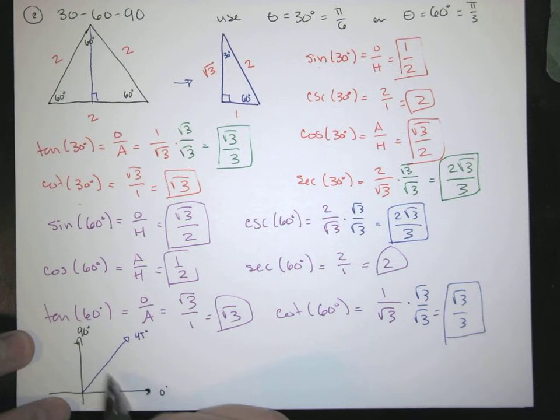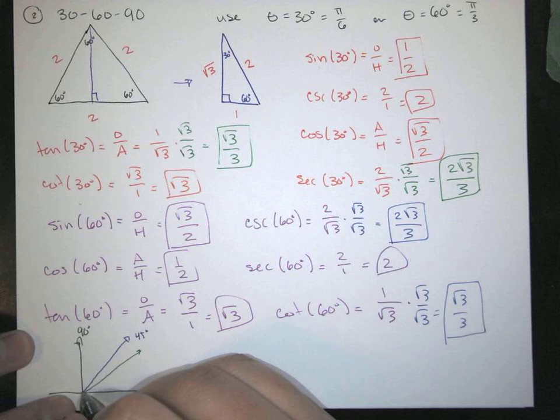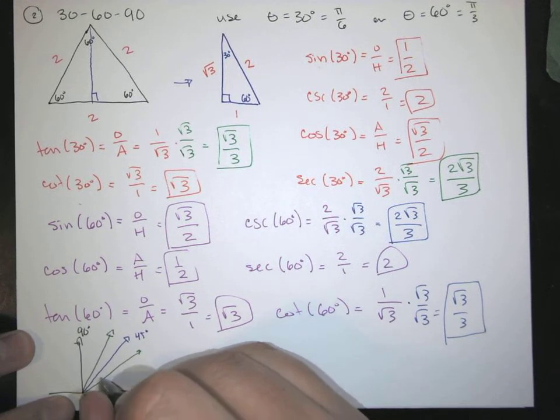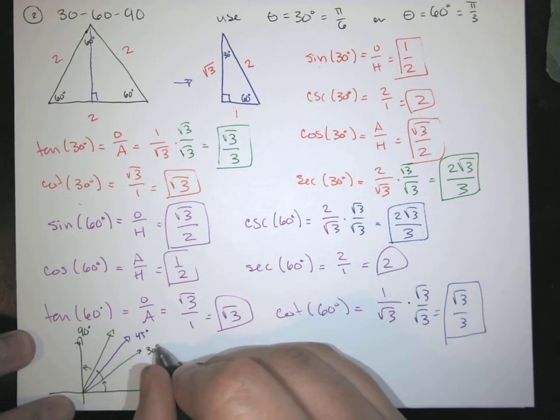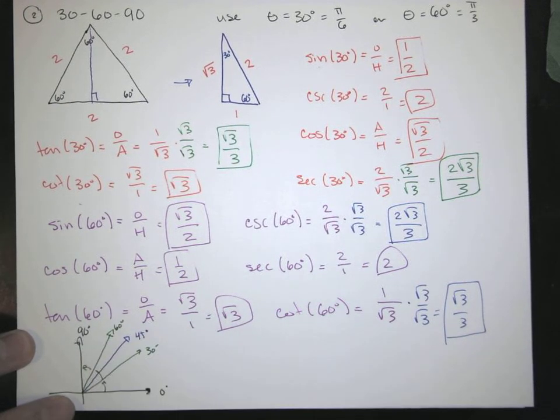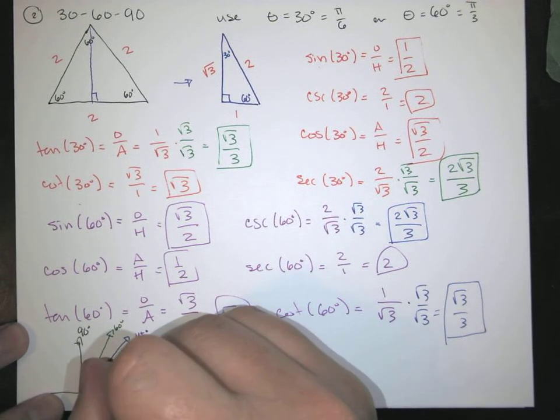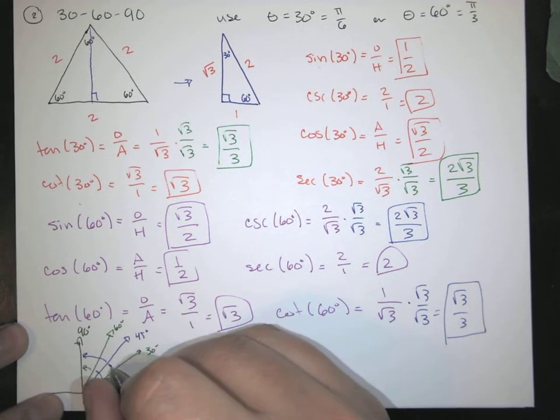So 45 breaks it into 2 chunks, 30 and 60 split the difference. If you can visualize, 30, 30, 30, this would be 30, this would be 60, and then out to 90. Versus the blue, where we're going 45 and then 45.